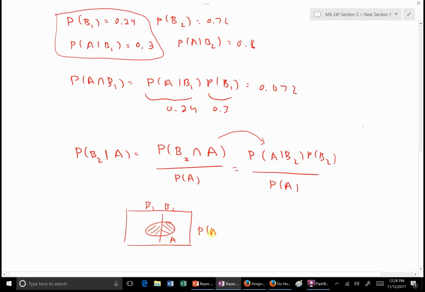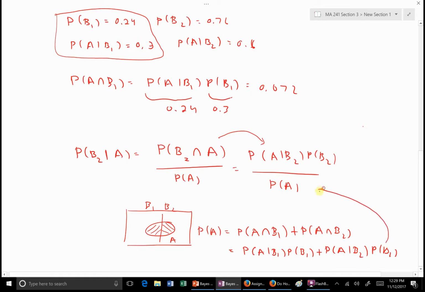So I can write the probability of A is equal to the probability that A is in B1 plus the probability that A is in B2. And I can get each of these intersections, again, using Bayes' formula, right? This is the probability of A given B1 times the probability of B1 plus the probability A given B2 times the probability of B2. And I can substitute this in.